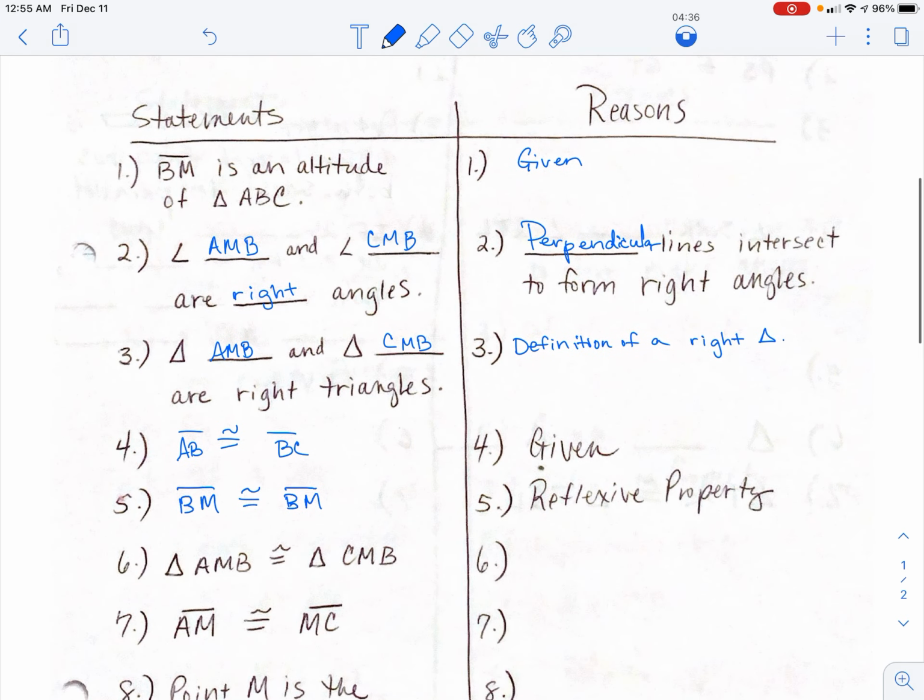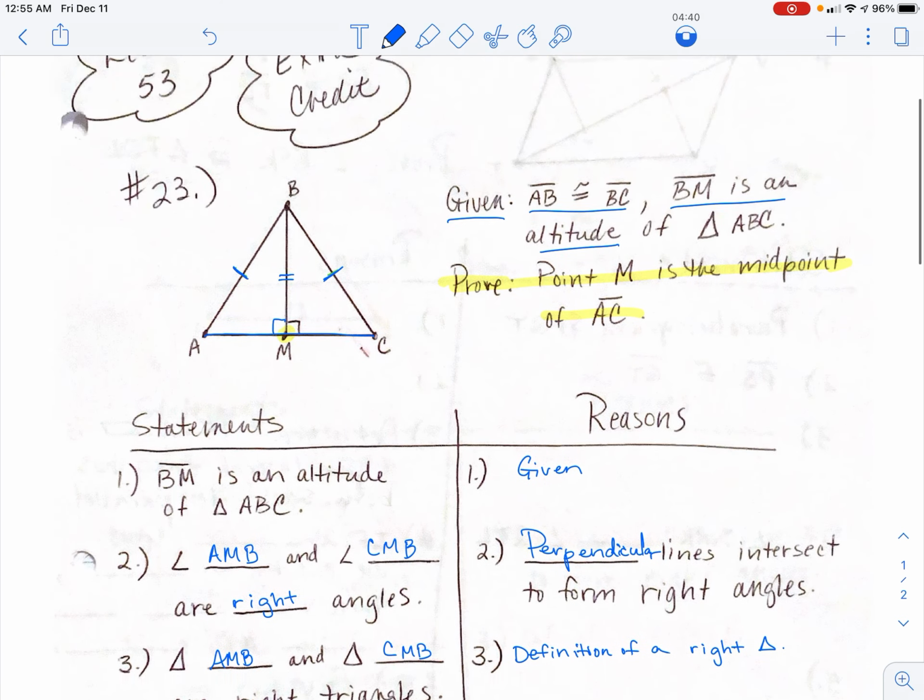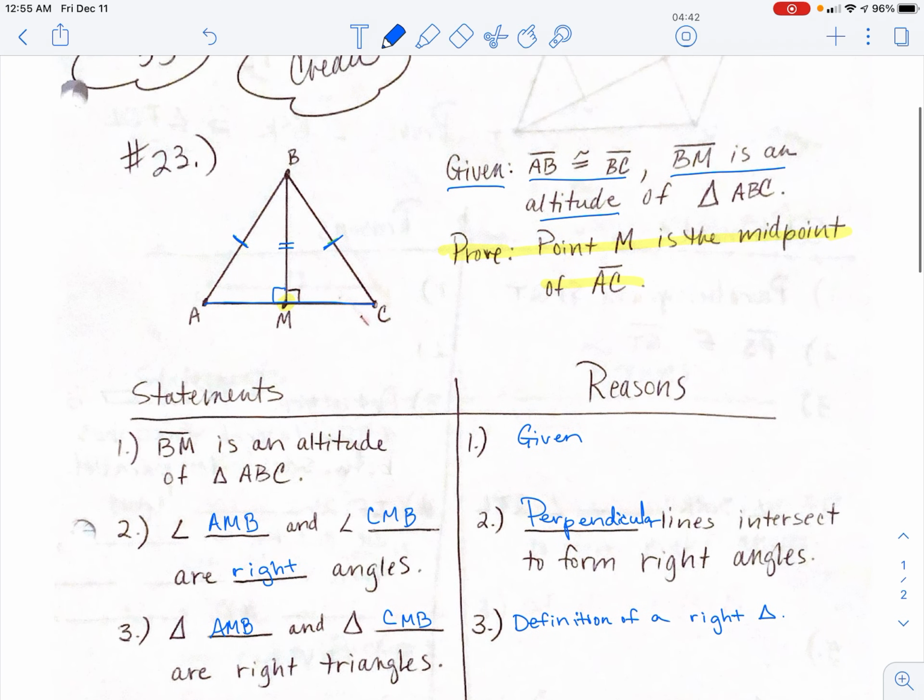So now, do I have enough to prove that those two triangles are congruent? Well, let's go up here and look. Remember how we can always use either side angle side or angle side angle. But when you have a right angle in a triangle, we use the one that's called the hypotenuse leg. We haven't seen that for a little while.